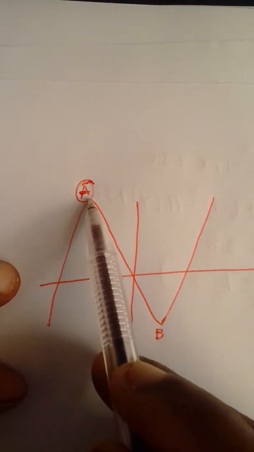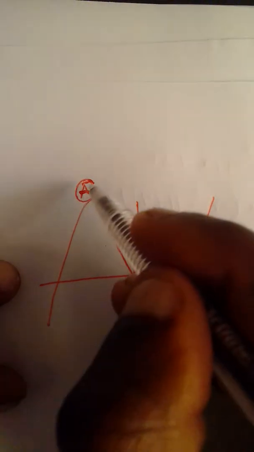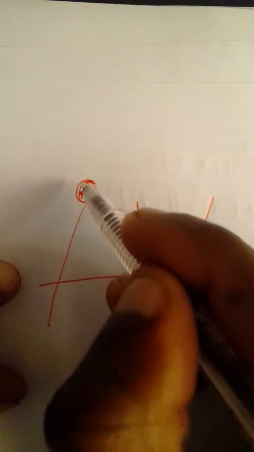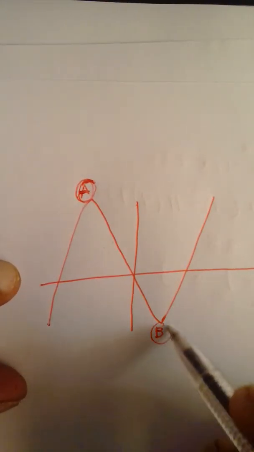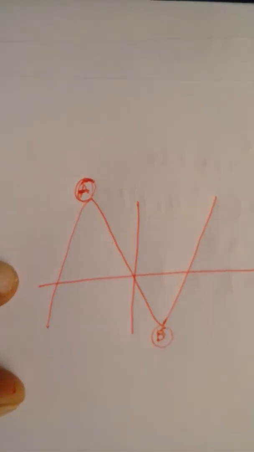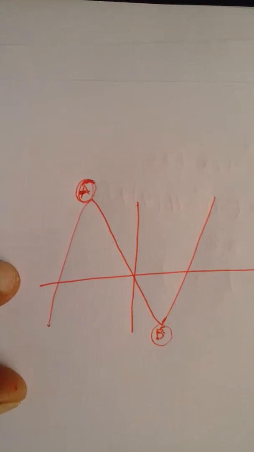So you look for the turning point, because they might not say to you find the turning point. They might say find the coordinates of A and find the coordinates of B. You have to know that the coordinates of A and B are our turning points. So guys, hopefully you know how to find the turning point.